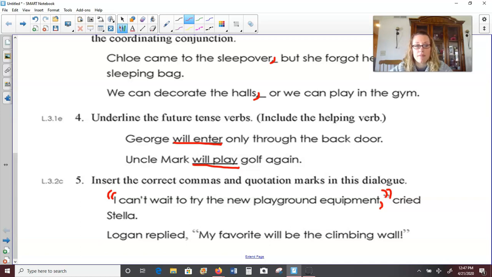So a comma after equipment. The second sentence, Logan replied, my favorite will be the climbing wall. Again, quotation marks go around his exact words, exactly what he is saying, and we put a comma to separate our speaker from their exact words.